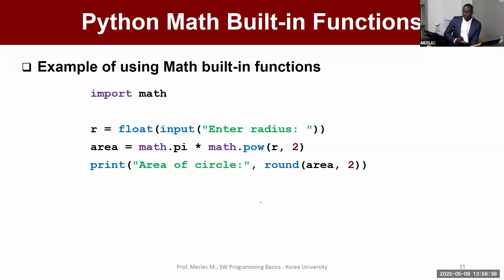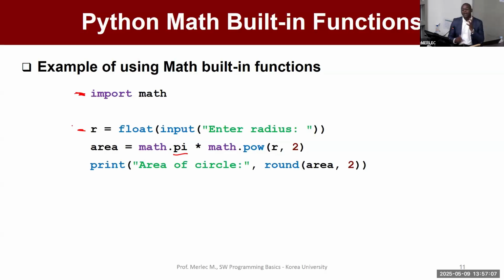So here is an example that shows how we can calculate the area of a circle. As we know, for us to calculate the area of the circle, we need to use a constant value, which is pi. Okay. Before that, we have to import the math module, and then we need to collect the value from the user.